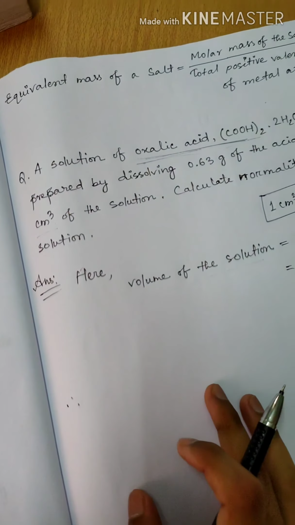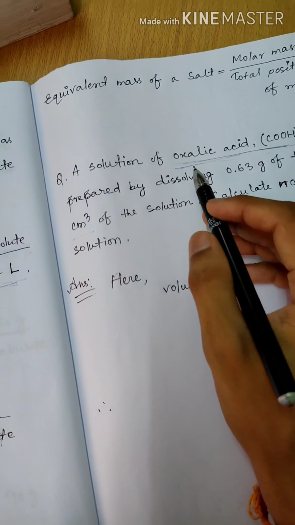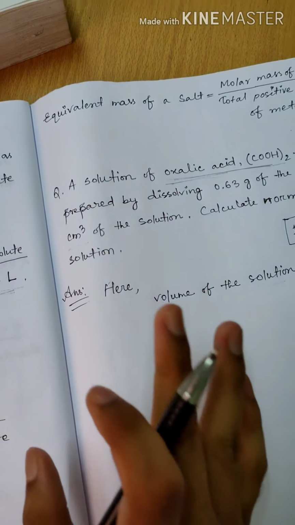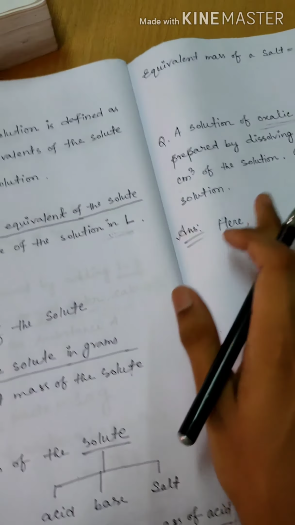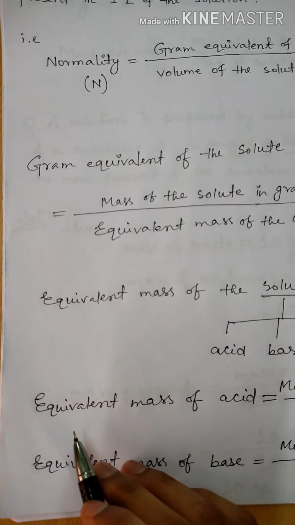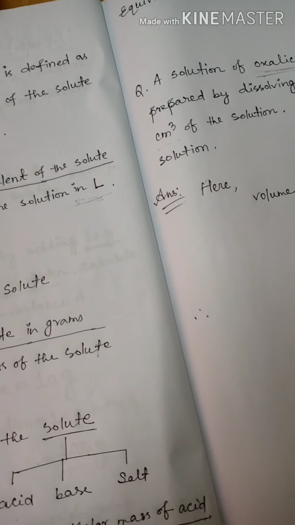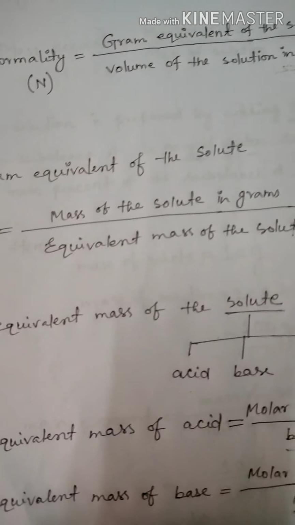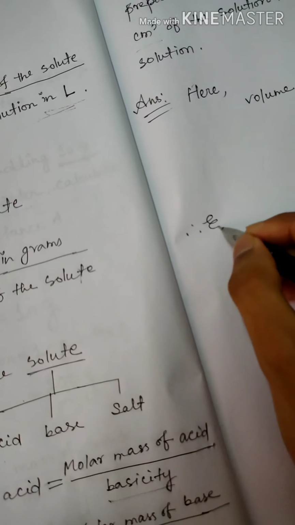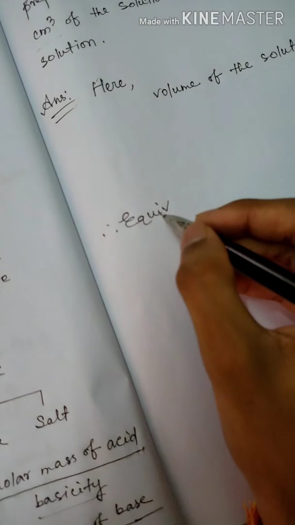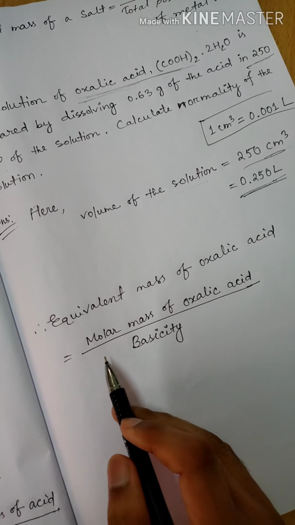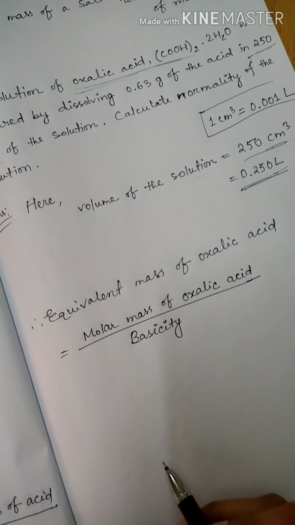Now here oxalic acid is our solute. So first of all we shall calculate the equivalent mass of oxalic acid. Here we shall use the formula for the equivalent mass of an acid, because this is an acid. Therefore the equivalent mass of oxalic acid is equal to the molar mass of oxalic acid divided by basicity.